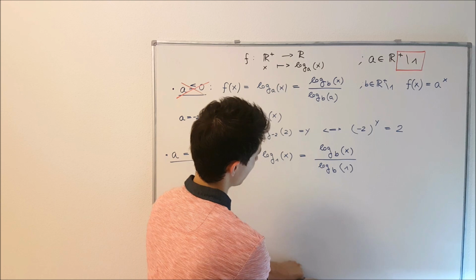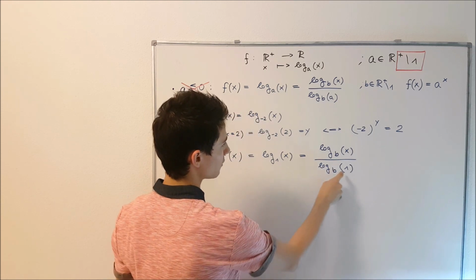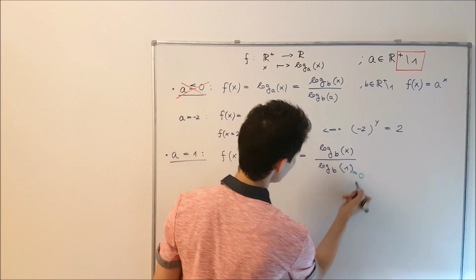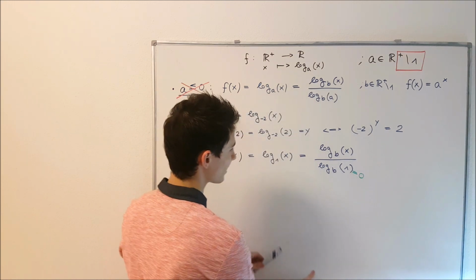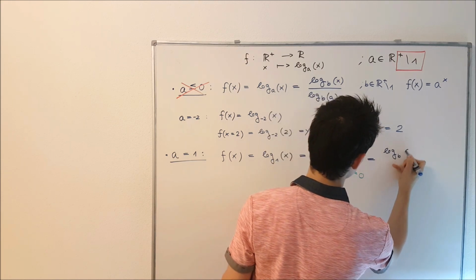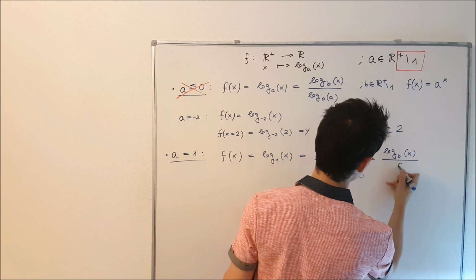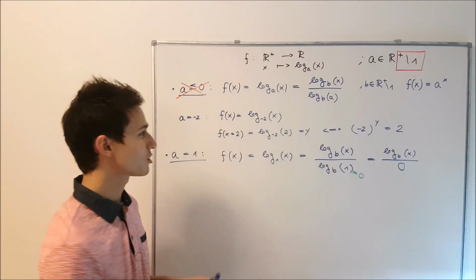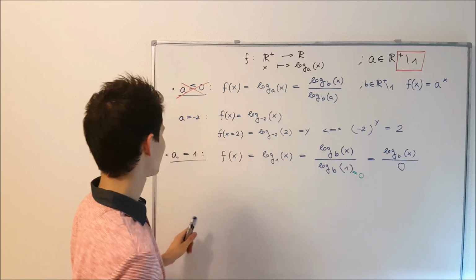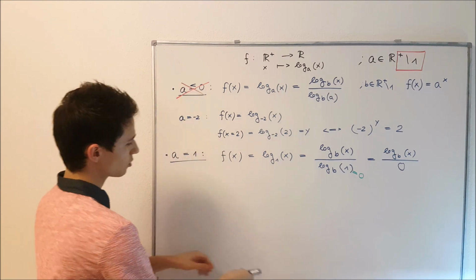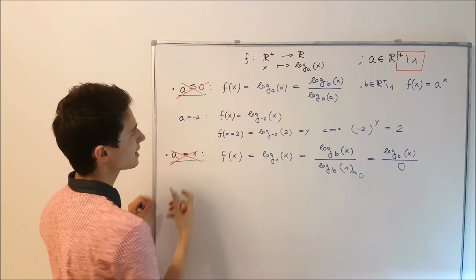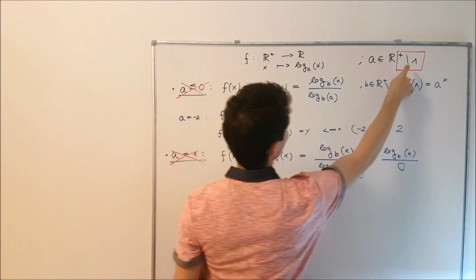But b to which power gives you 1? 0. So this is equal to 0. Therefore, what you get is the log to base b of x divided by 0. We have a denominator 0 now, so this is not defined. Therefore, we have a problem as soon as we take a equal to 1. So the base a of the logarithm shouldn't be 1 either.